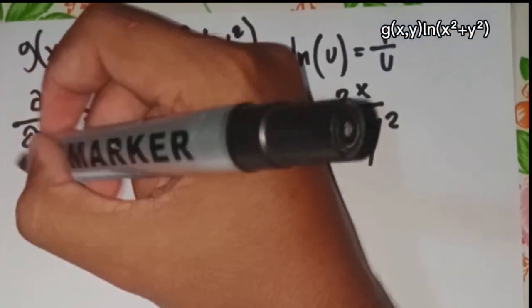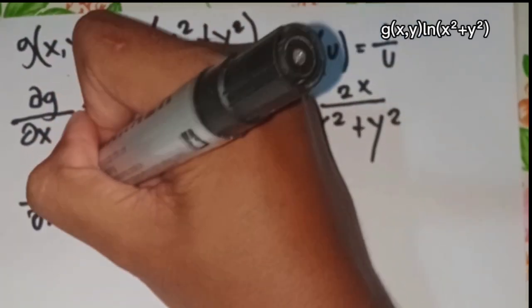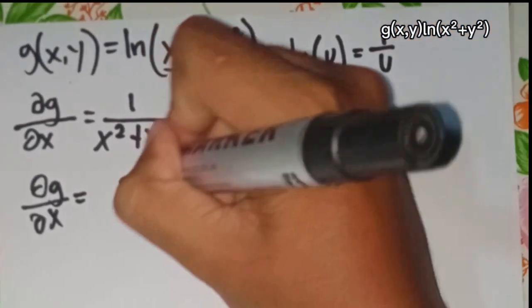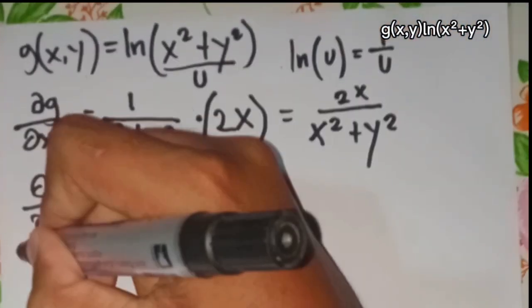So the final answer is the partial derivative of g with respect to x equals 2x over x squared plus y squared. This is the final answer.